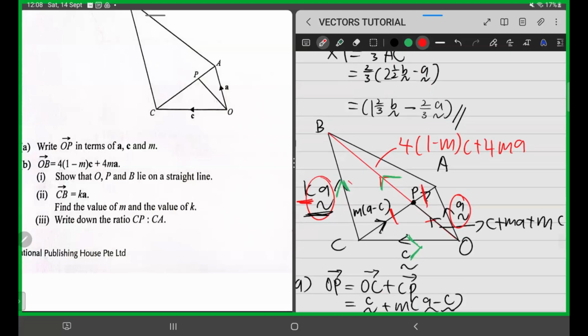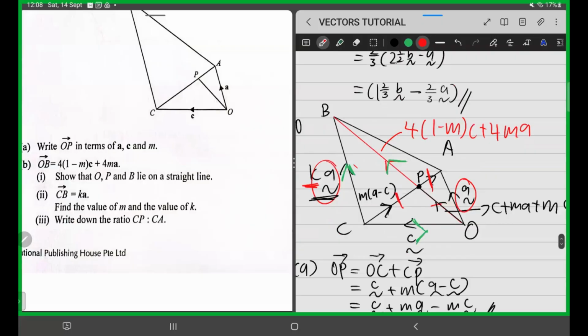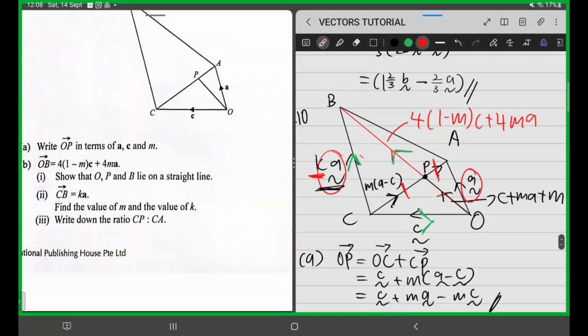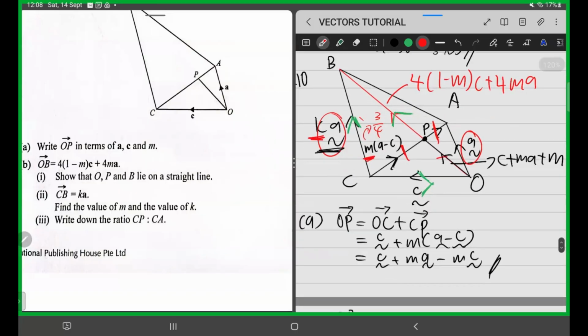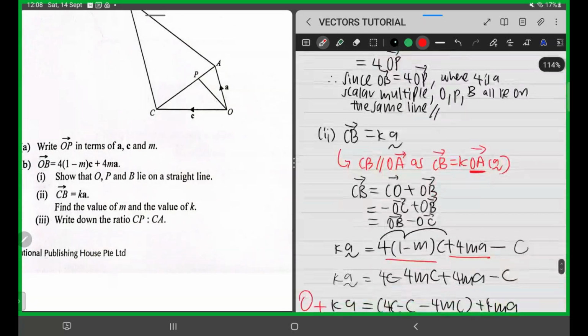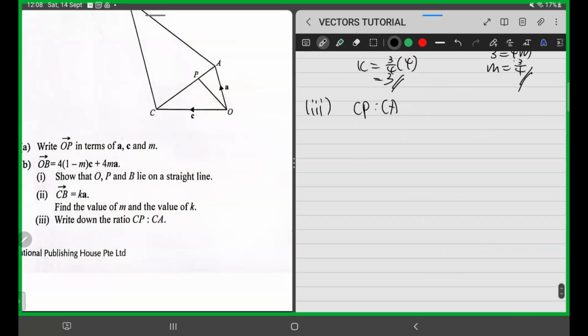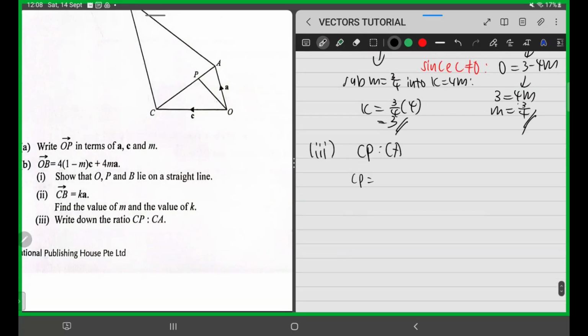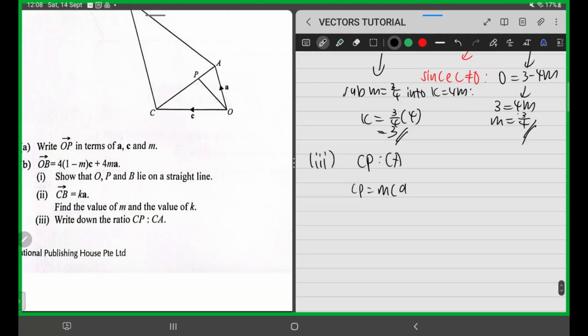The question never tell us much, but we know that our value of m now is 3 over 4, right? So we know that our CP is initially m bracket a minus c, which is now 3/4 bracket a minus c.